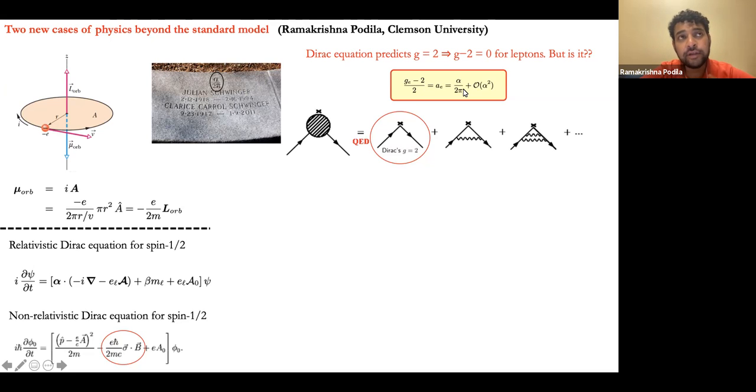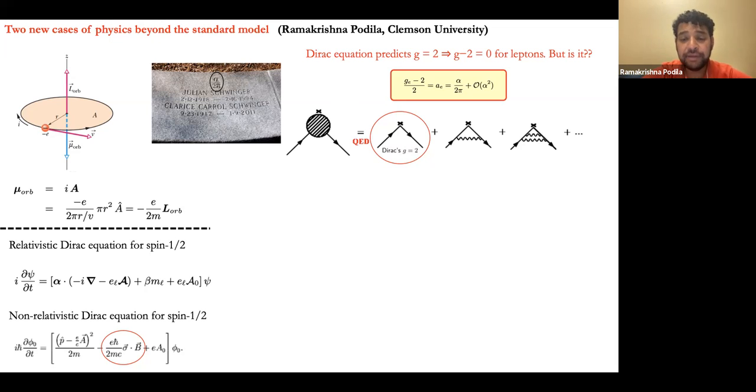So in fact, this can also be seen in the Lamb shift, right? Just purely from, if you consider only the first one here, then basically you wouldn't have any difference in a hydrogen atom. If you look at the P and S wavelengths, they should be the same.